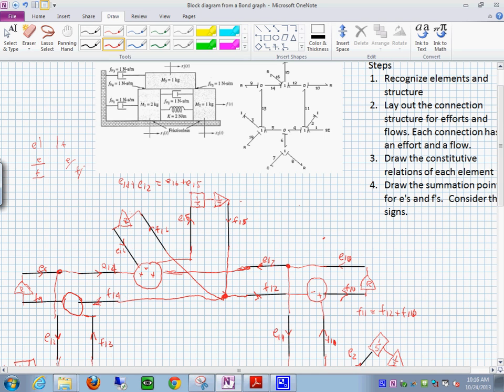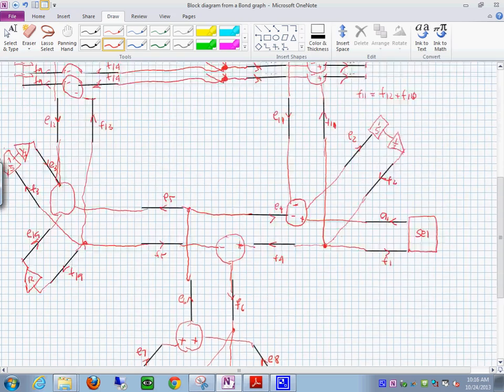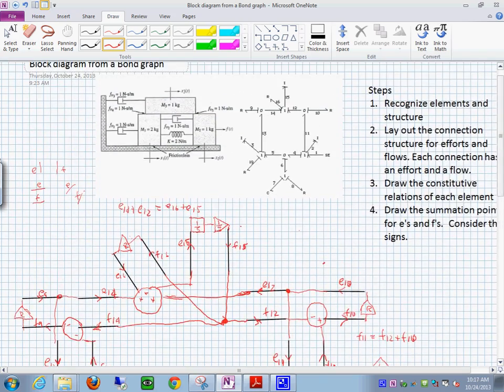This one is like that, and F12, which way is F14? So this would be a minus sign, and I believe this is the whole entire block diagram as we have completed for this example.